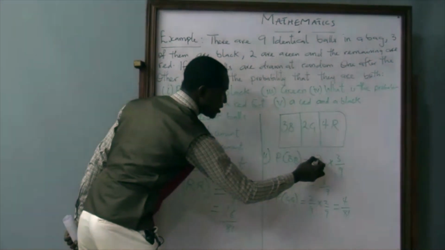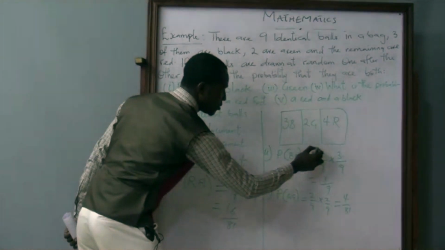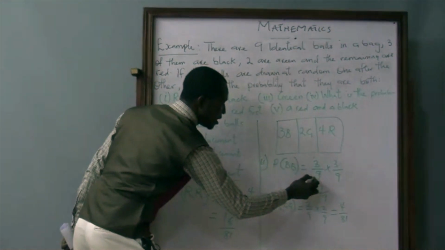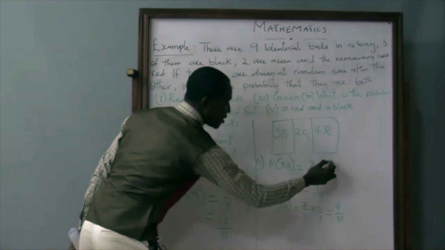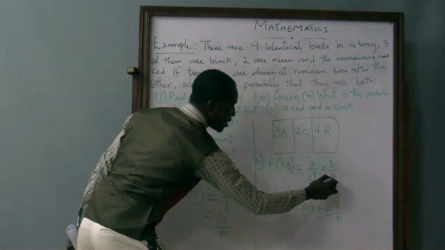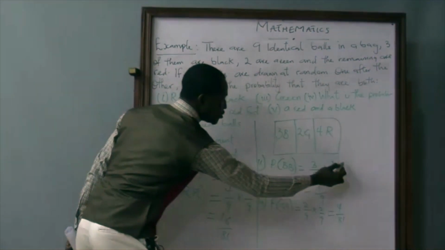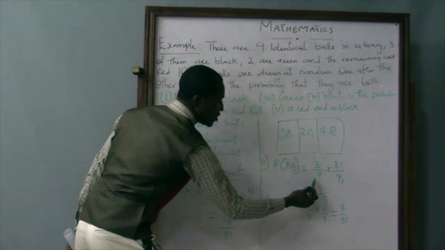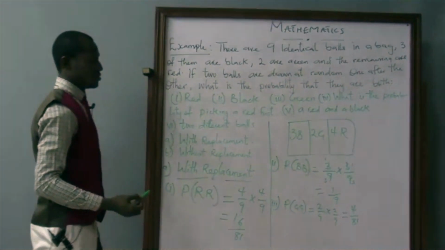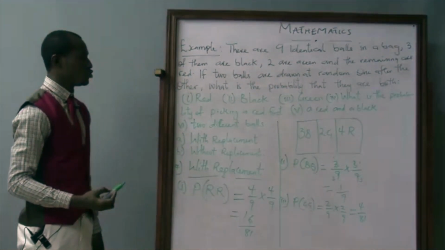If I divide by 3 here, 3 in 3 is 1, 3 in 9 is 3. Here also 3 in 3 is 1, 3 in 9 is 3. So 1 times 1 gives me 1, 3 times 3 gives me 9. That's the probability of picking 2 black balls.